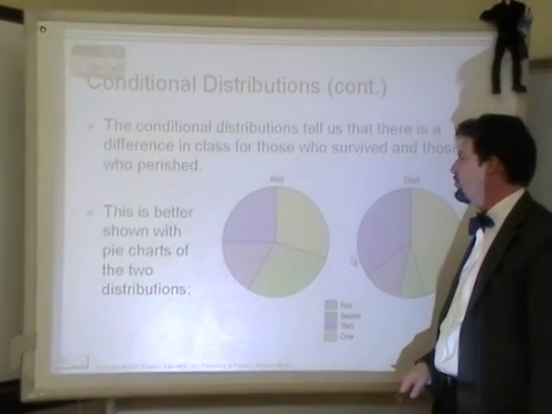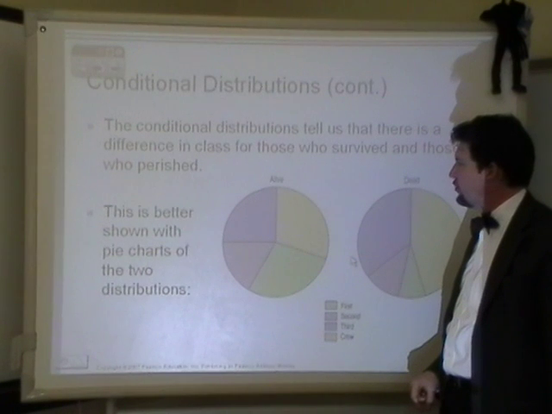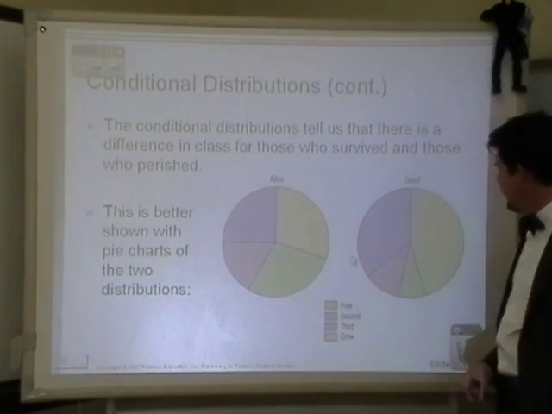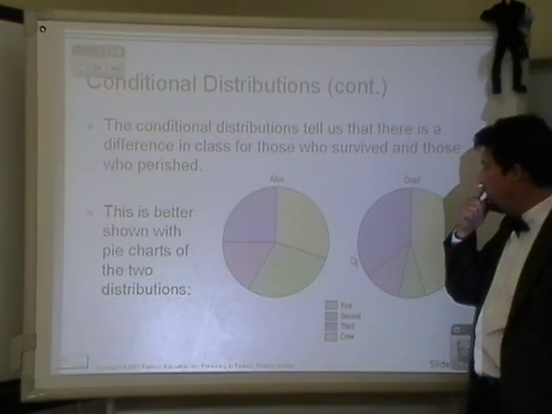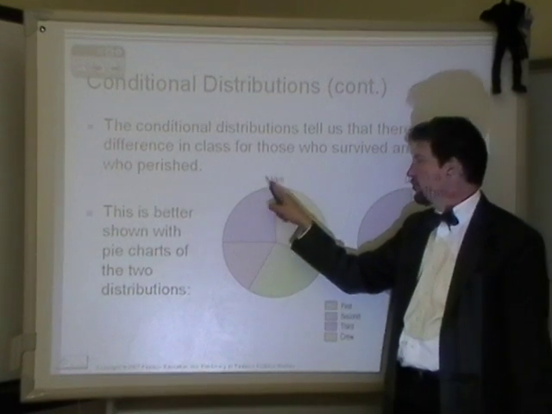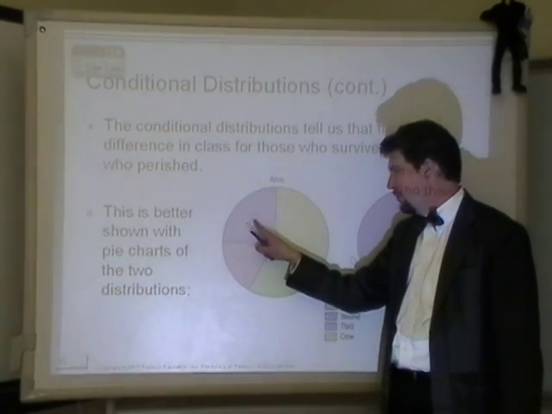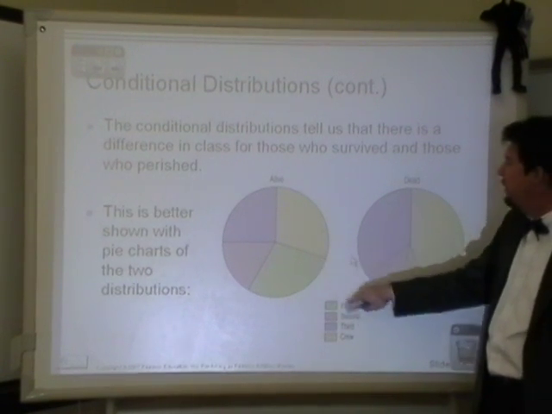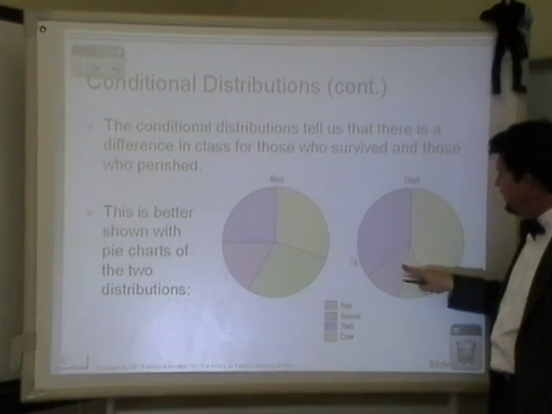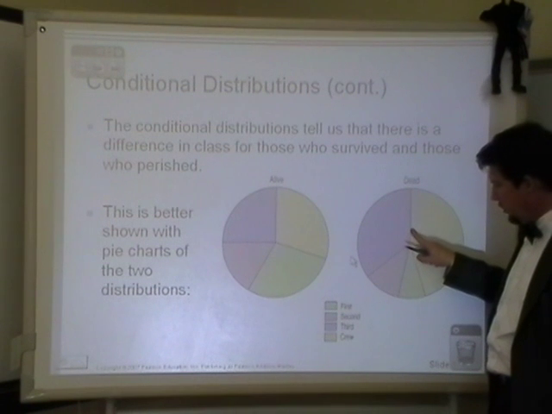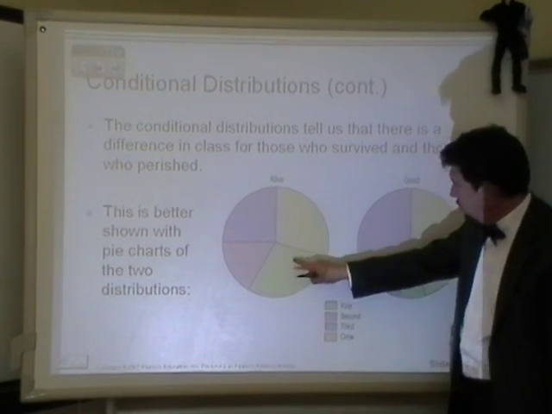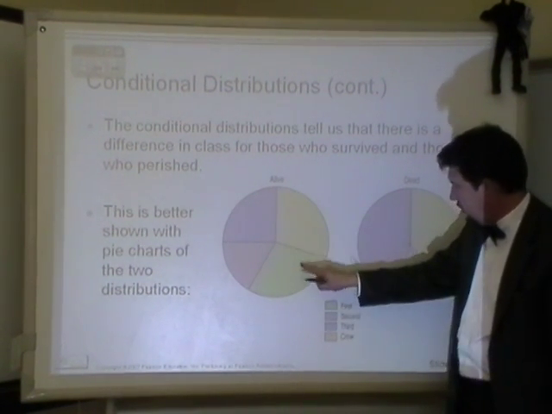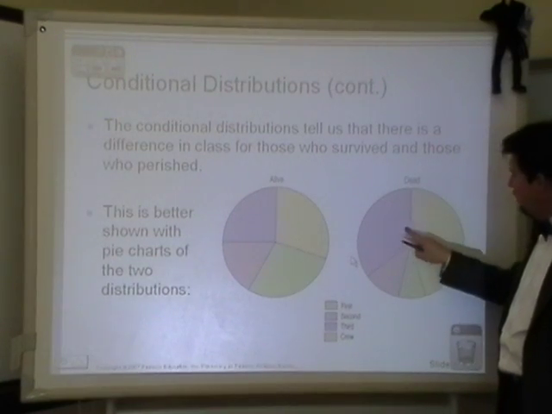About 25% of those people that survived were first class. That's about where that is right there. And we see the scale right here. Percentages would be better here. And then here we have the dead grouping right here. First class is green, and there's third class right there. And here we have the dead people here.